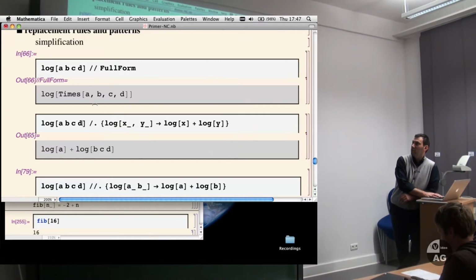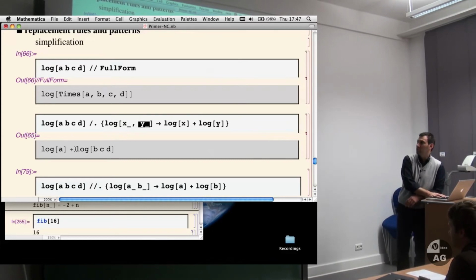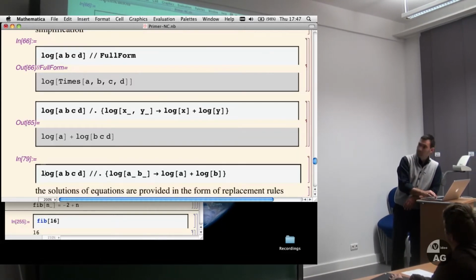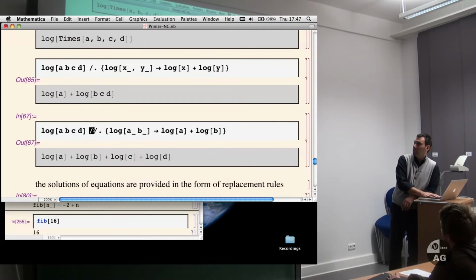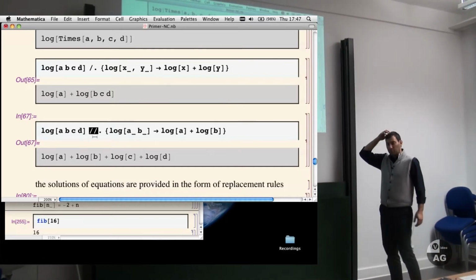No. It doesn't have any problem because it matches the first entry with A and then times of BCD with Y. So this works perfectly, but that's not what we want because now we have this thing that is not broken down yet. So now we need a repeated replacement rule, double slash dot, and now I really break down my function.